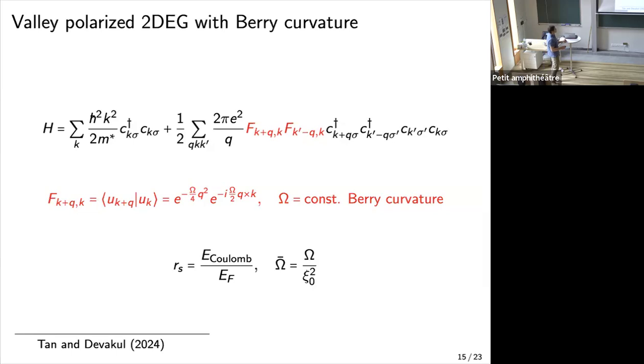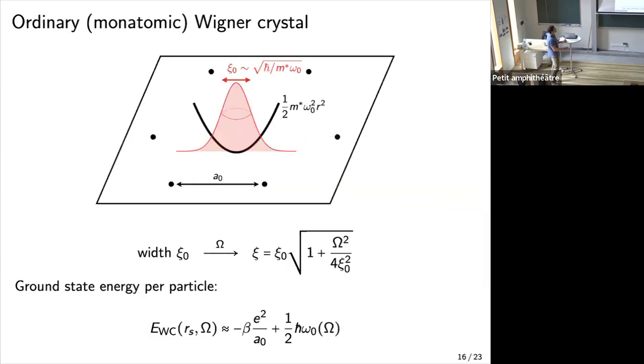Good. So first, let's see what this Berry curvature does to the ordinary monatomic Wigner crystal, where we just have one electron in each unit cell. In this case, it doesn't do anything very interesting. All it does is fatten this localized electronic orbital. In the absence of Berry curvature, if we have some width xi0, then adding Berry curvature just enlarges the width by this factor.